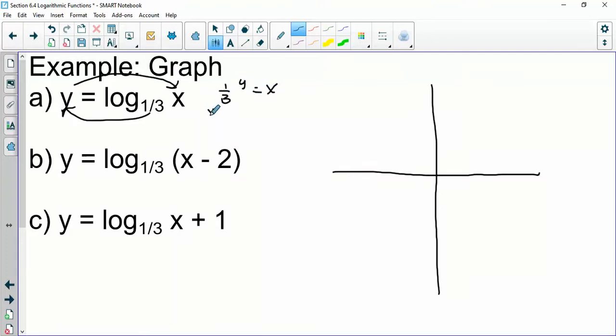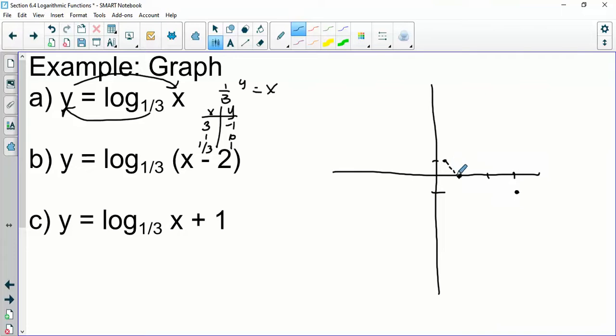So when you make your t-chart, -1, 0, and 1 are your y values. What is 1/3 to the -1? 3. 1/3 to the 0, and 1/3 to the first. So 3, -1, and 1, 0, and 1/3.